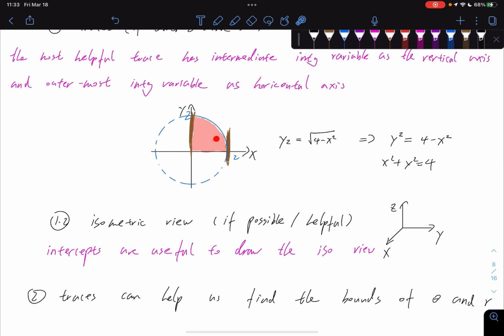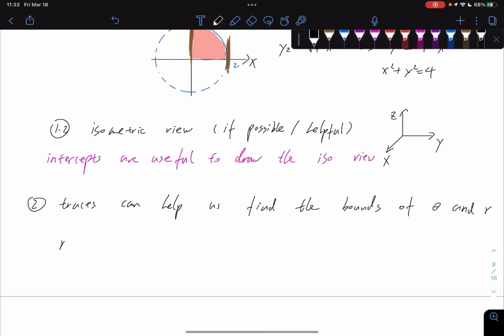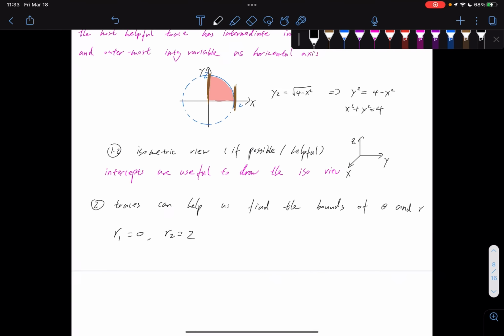The obvious answer is I can shoot my laser out to a radius of 2, right? Because it's bounded by this blue circle. So that means r is bounded by 0 and 2. So I'm just gonna say r1 equals 0 and then r2 equals 2, right?